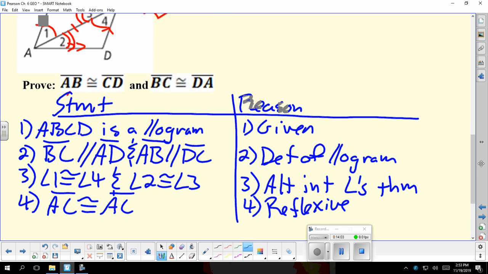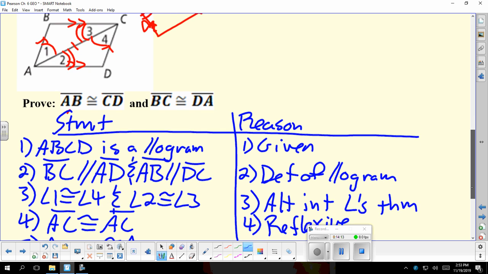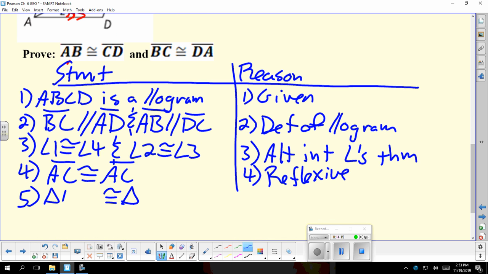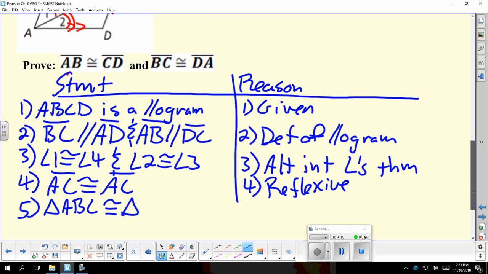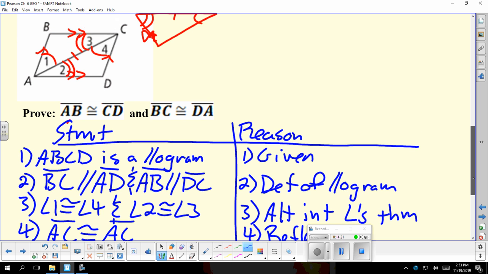And now I'm ready to show the triangles are congruent. So triangle, make sure we match these up, triangle ABC is congruent to triangle CBA.